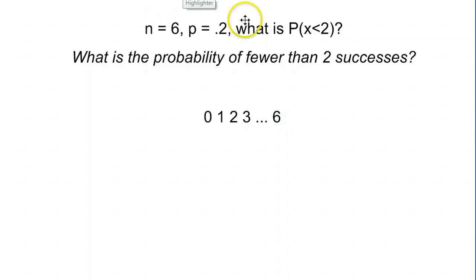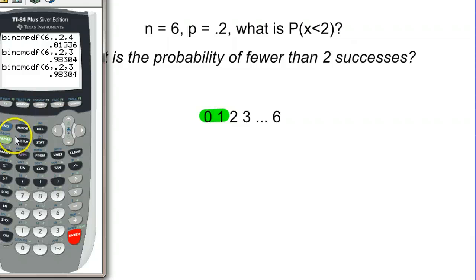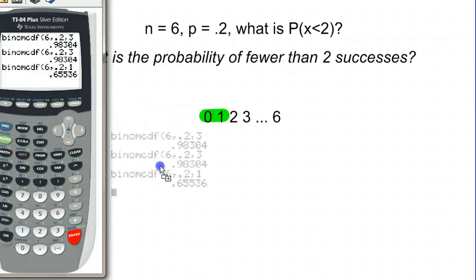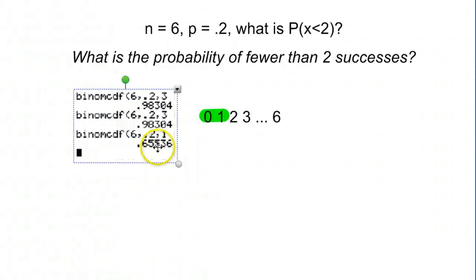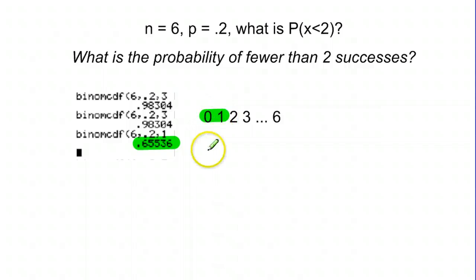Now I'm going to highlight in green what I want. Fewer than 2 means 1 and down. We do know how to find that in our calculator. We do the binomial CDF, just like we've been doing, and we type in 1 for x. We get that probability, 0.655, and that's going to be our answer. So the 0.655 is the probability of getting a 0 or a 1.